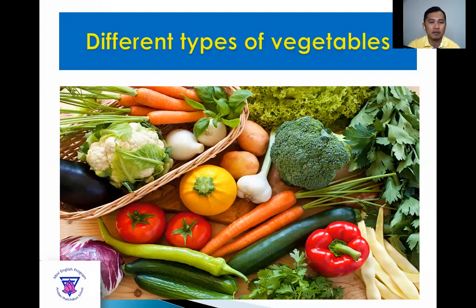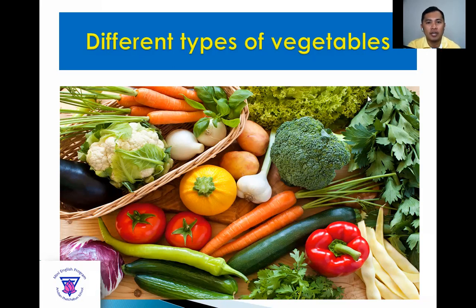We have carrots, tomato, eggplant, broccoli, bell pepper, and other things. These are very healthy, and they are high in fiber. We should always eat vegetables because we can get a lot of fiber from them.